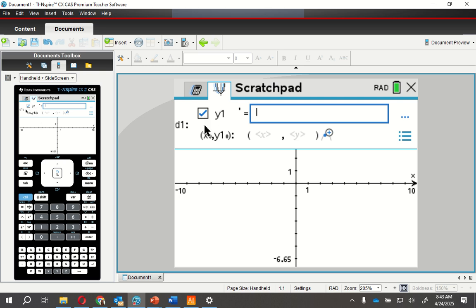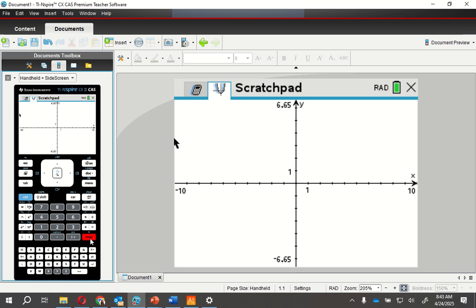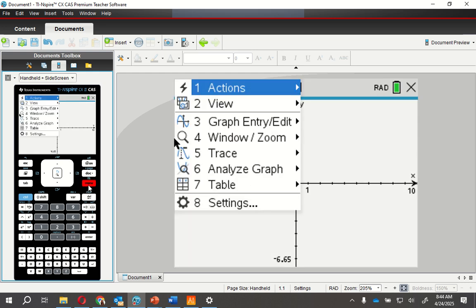There we go. I was in the wrong menu. And we had, this is y1 prime. That's what that means. And then we would have equals y. Oh, I did not do it.